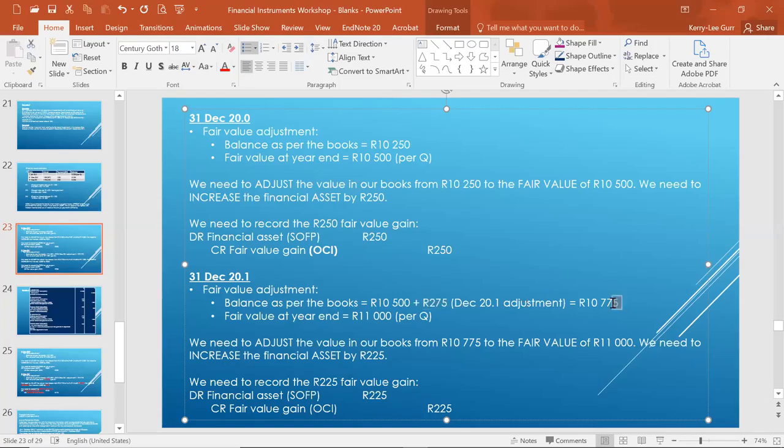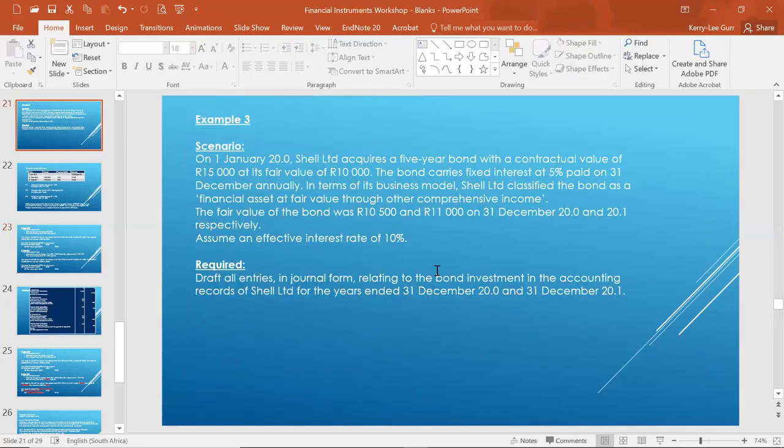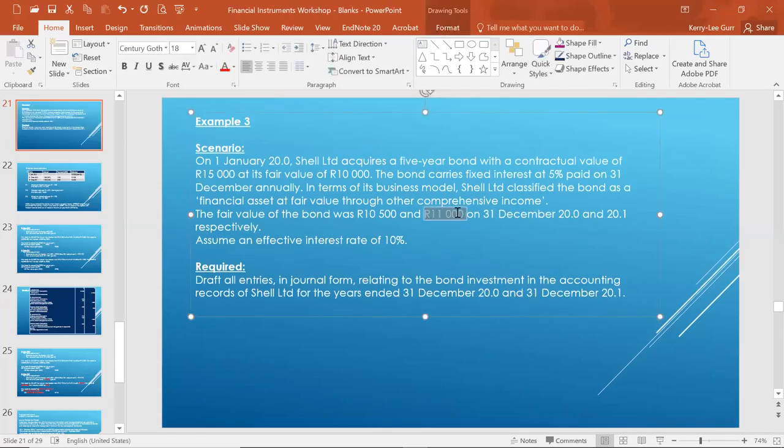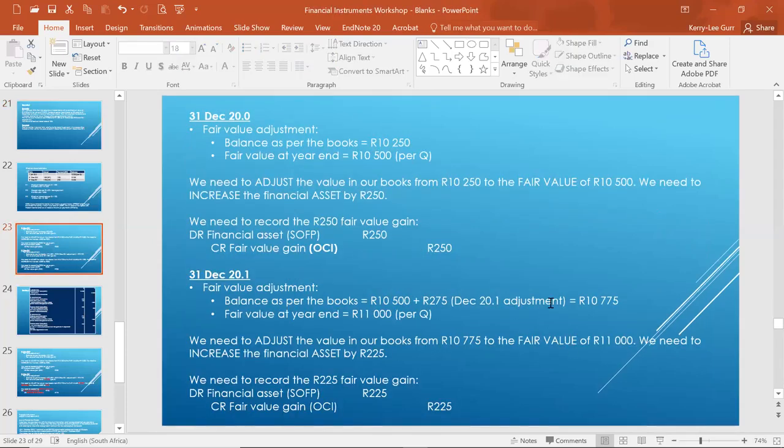That means in our books, our financial asset is sitting at a value of 10,775. But when we look in our question, it tells us that the fair value is now at a value of 11,000 Rand. And so we need to move from 10,775 to 11,000 Rand.